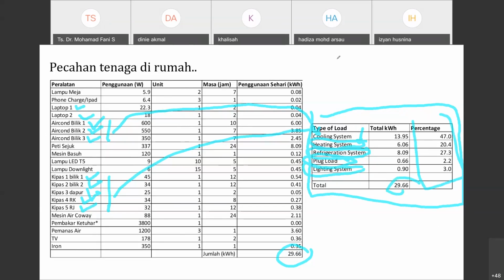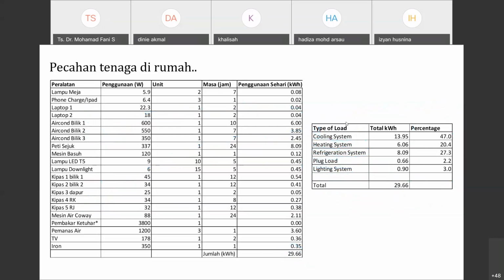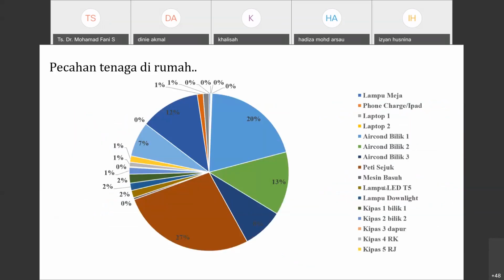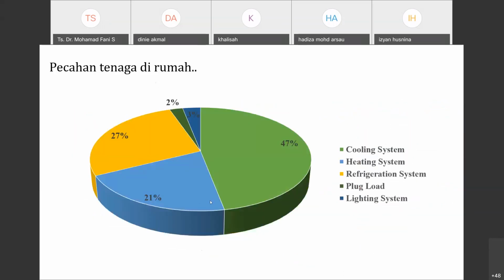So make the percentage, and after that we can have the breakdown for the house. So now we know that this house has the cooling system as the biggest system that uses electricity.